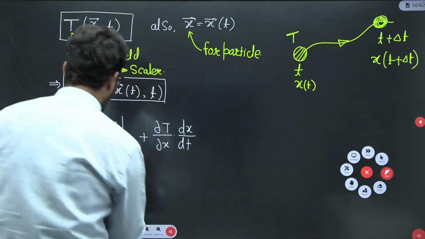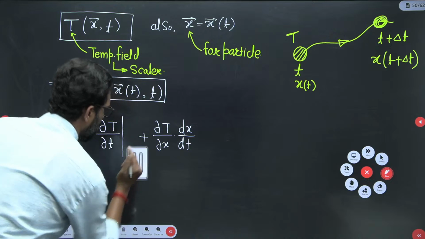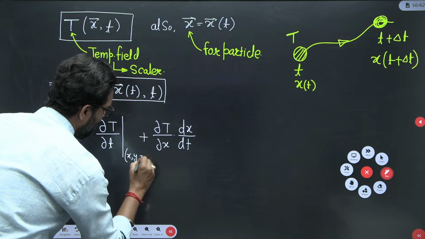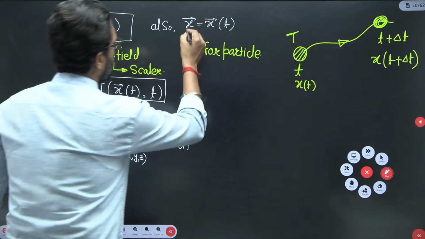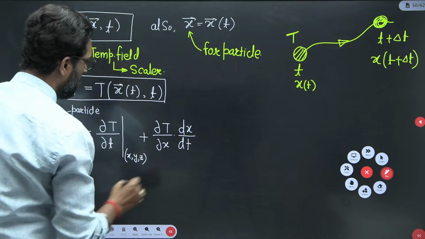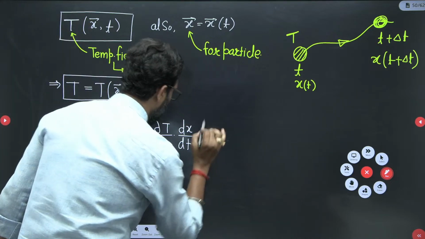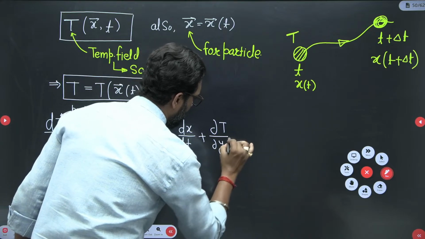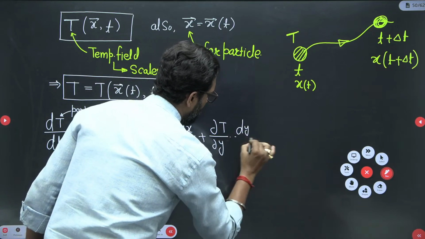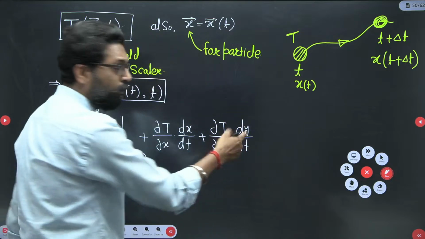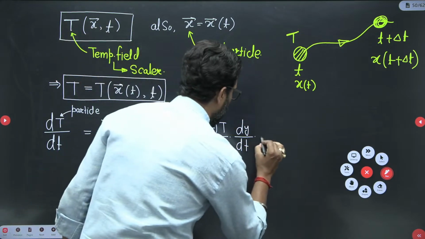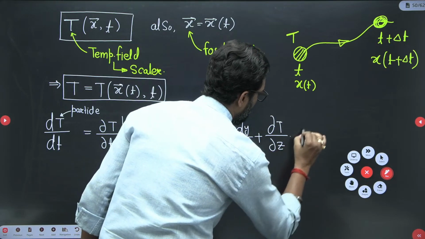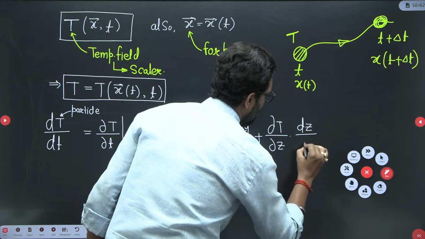Let's suppose there is a y also, that means this is x, y, z, the position vector. Plus again dou T over dou y into dy by dt. Why? Because again y is a function of time only. Plus dou T over dou z into dz by dt.